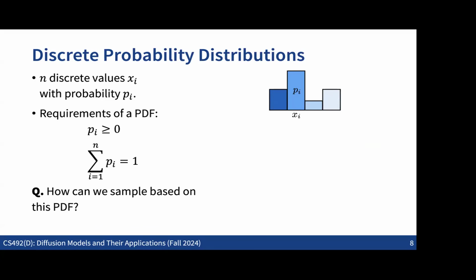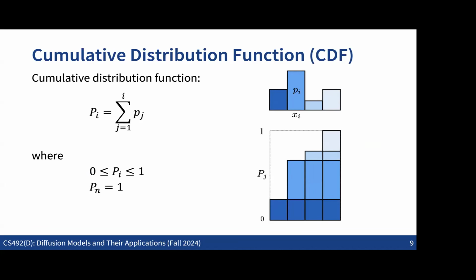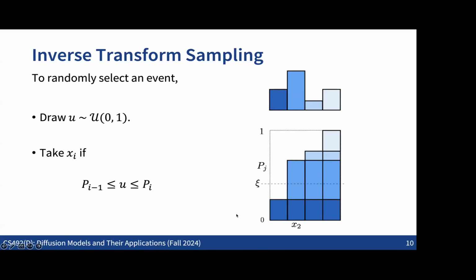Basically, the simplest idea for that is computing the cumulative distribution function. We accumulate the probability values over the sequence of possible values like this. Then we're going to have a graph like this, which starts from 0 and reaches 1 after accumulating all the probabilities, right? Given this graph, instead of sampling one of the possible values directly, we draw a sample in the range from 0 to 1, basically sampling in the domain of the probability.